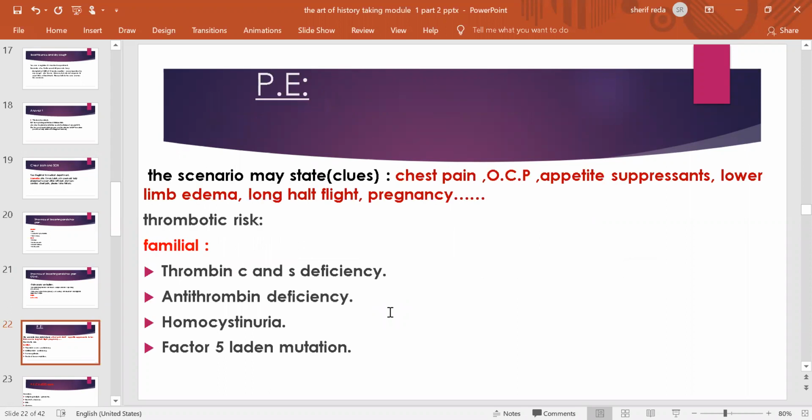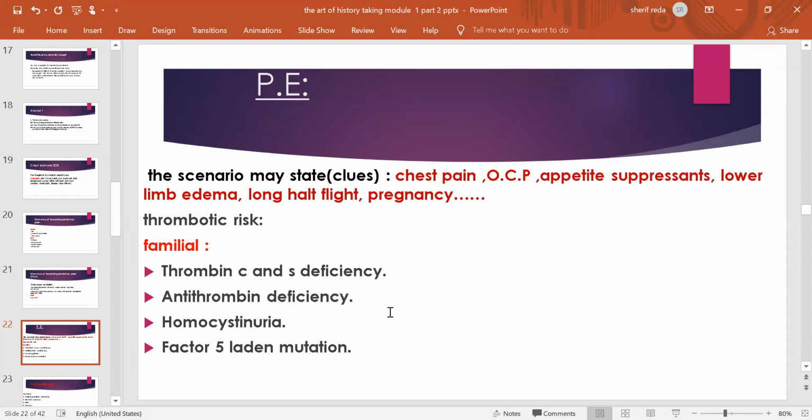In the pulmonary embolism scenario, we will take a few slides about pulmonary embolism. In this scenario, it may state that this patient is having chest pain, especially pleuritic chest pain, or she is on oral contraceptive pills.